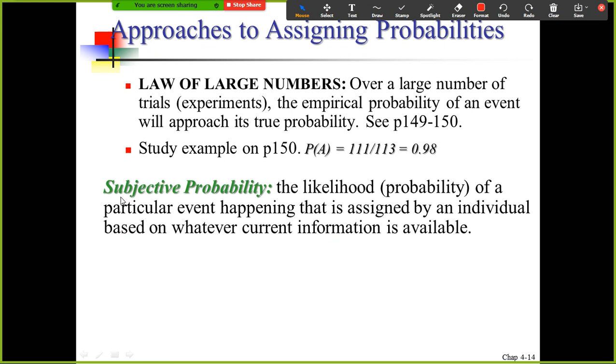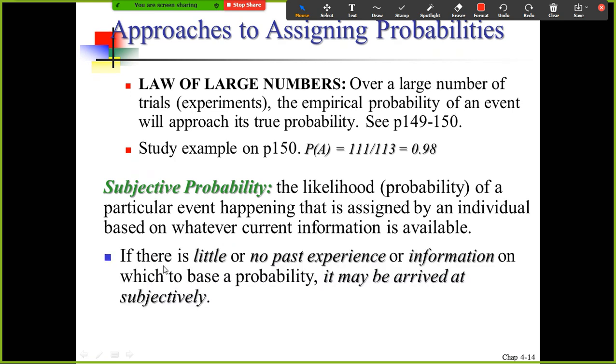So the subjective probability concept is the opposite of the empirical probability concept, because empirical probability is based on past experience, past data, past information. But subjective probability is a technique we use to calculate the probability of something based on information right now, current information.